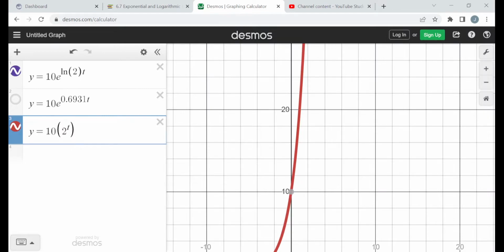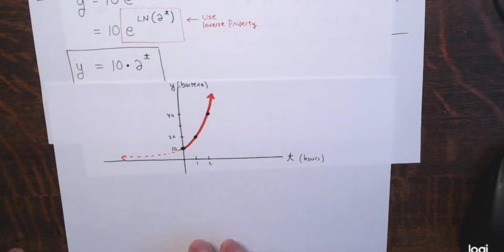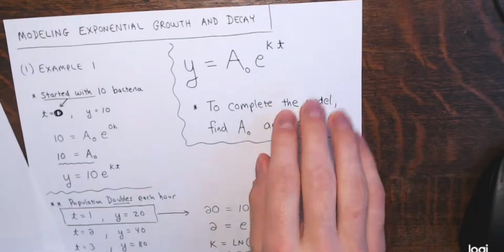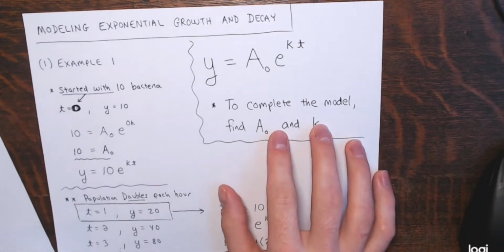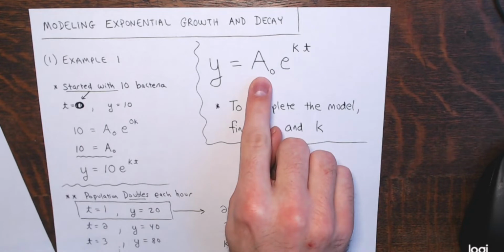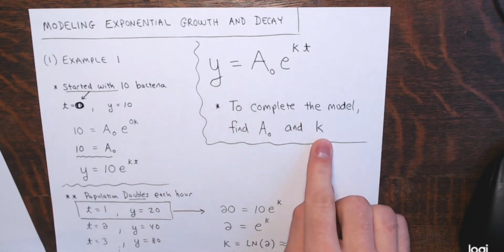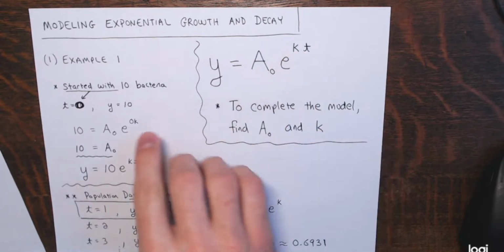Okay, so that was example 1. Right? Use the information you're given to complete these models and then be able to answer whatever question they want. You need to find that value of a0, this constant in front of the e to the kt, and then you also need to find the value of k using bits of information that are given to you.